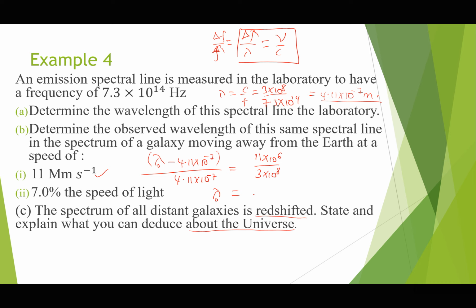So I'll say 11 exponent 6 divided by 3 exponent 8. Then I'll multiply this by 4.11 exponent minus 7. Then I'll take the 4.11 times 10 to the power of minus 7 in the brackets to the right hand side, so I'll say plus 4.11 exponent minus 7.